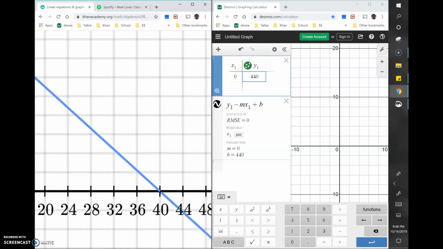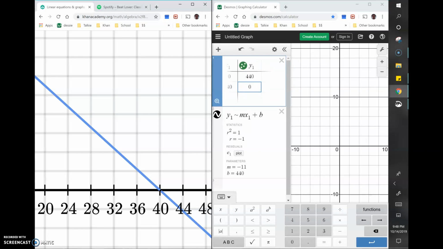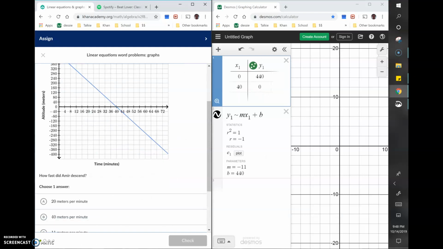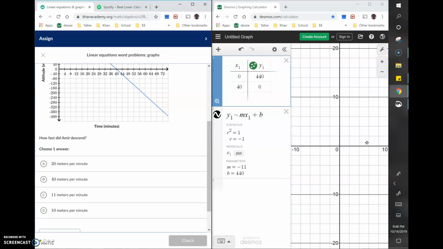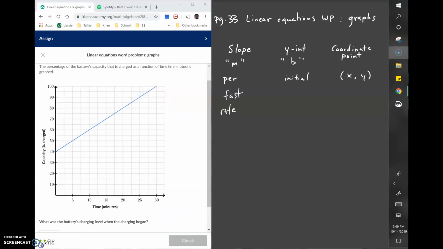The x-intercept has an x value of 40. And we know that the y value at that x-intercept is 0. Cool. And it says that the slope is negative 11. So I'm just looking for which one is 11. So he's descending. Descend means that it's negative because you're going down 11 meters per minute.